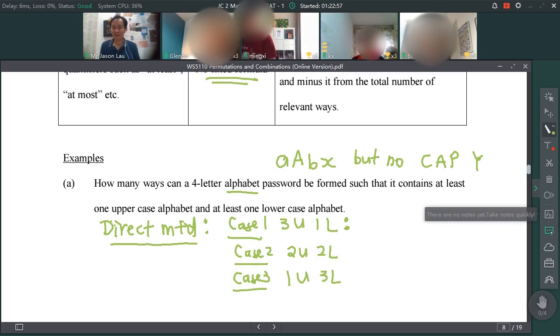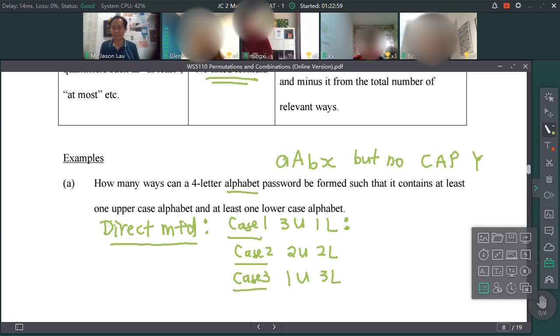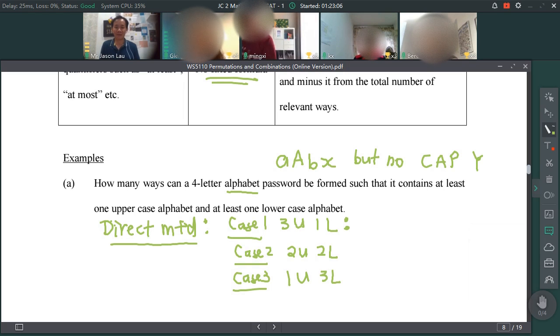I really don't know. Then how? Is it 3 to the power of 26? Then plus 1 to the power of 26. No, why 3 to the power 26? It's 26 times 25 times 24 plus 26.